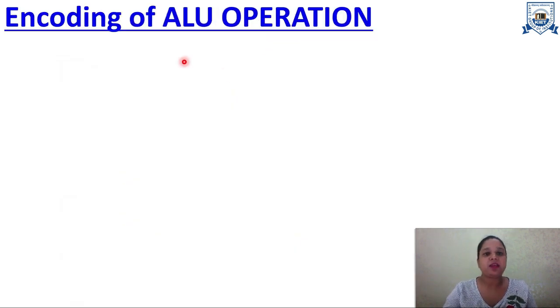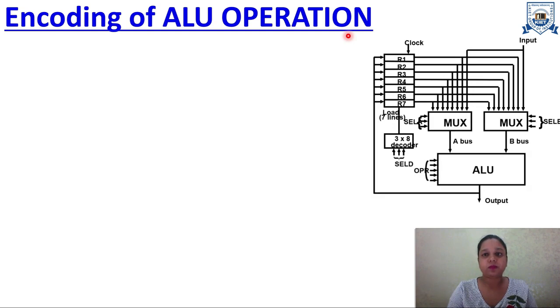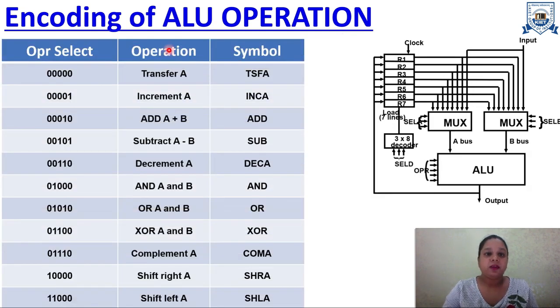Now let's see the encoding for the ALU operation. There can be many ALU operations: there could be addition, subtraction, multiplication. Now we need to know what the encodings are for these. Here we have the binary codes, then the operations, and then the symbols.